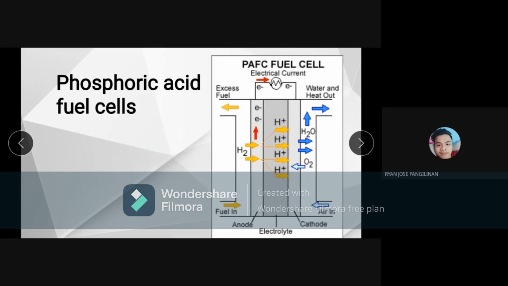This is the schematic diagram of the phosphoric acid fuel cell, in which the electrolyte is phosphoric acid. The fuel, air and hydrogen, enter and combine with the electrolyte, then produce electricity from the anode to the cathode.